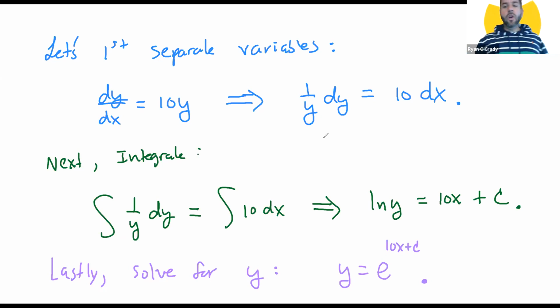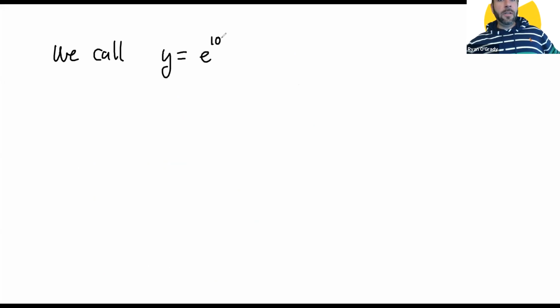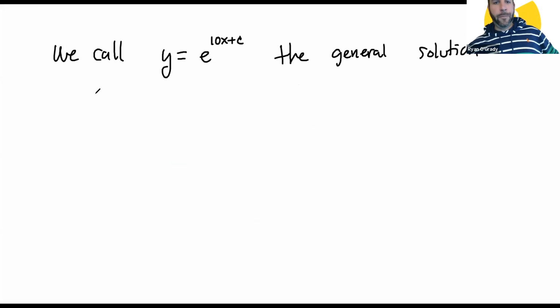All right, so a couple things we should say. Let's give some definitions. We call y equals e to the 10x plus c the general solution of the differential equation.